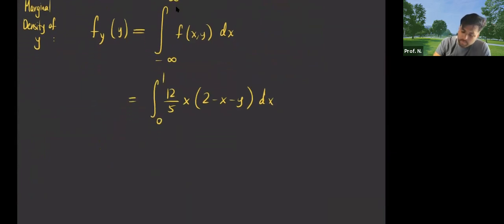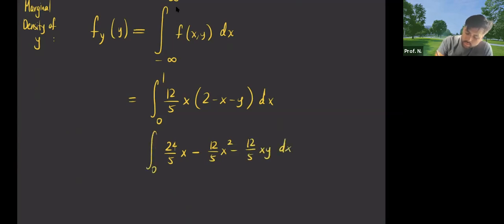So integrate. This becomes 24/5 x minus 12/5 x squared minus 12/5 xy dx from 0 to 1.